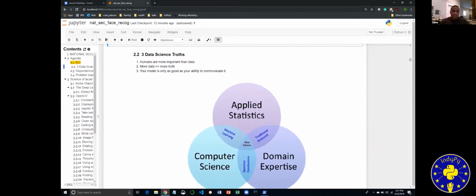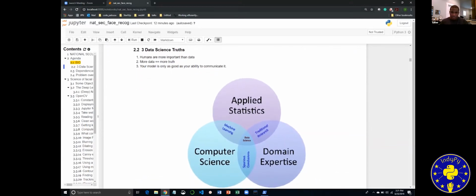Now we're going to cover 3 truths in data science, just to develop a collective framework of how I look at things and how I see a lot of these tools being implemented via API or really proprietary code. So data science to me has always been about human beings. Human beings are always more important than the data.